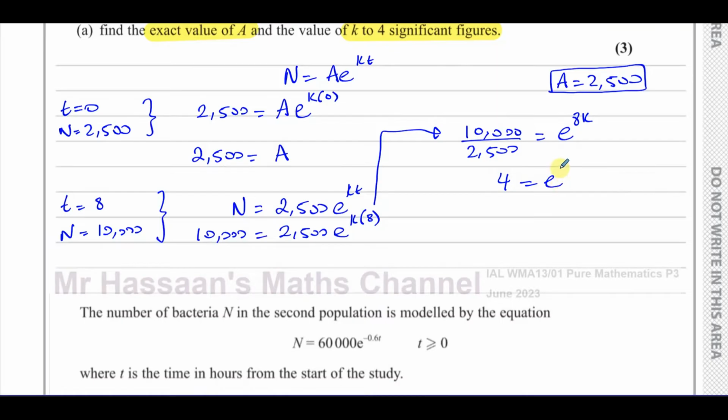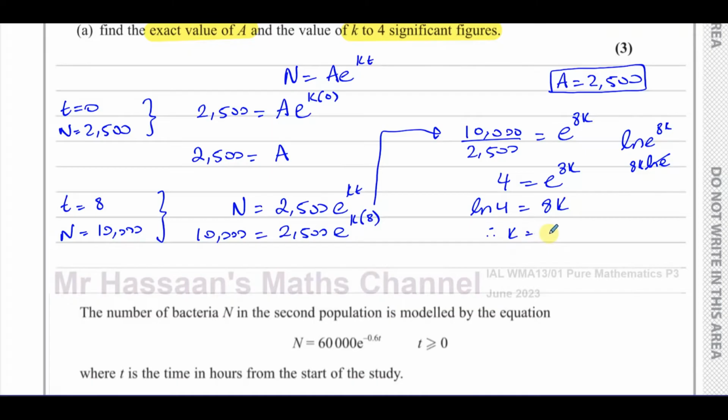So 4 equals e to the power of 8k. If we want to now solve for k, it's trapped in the power of this number, which is e. So we've got to take the log to the base of the number to which it's trapped in. So we will take the log to the base of e, which is called ln. So we'll take the ln of this side and we'll take the ln of that side, which will give us 8k. Because the ln of e to the power of 8k leaves us with 8k times ln e, and ln e is equal to 1, so you're left with 8k.